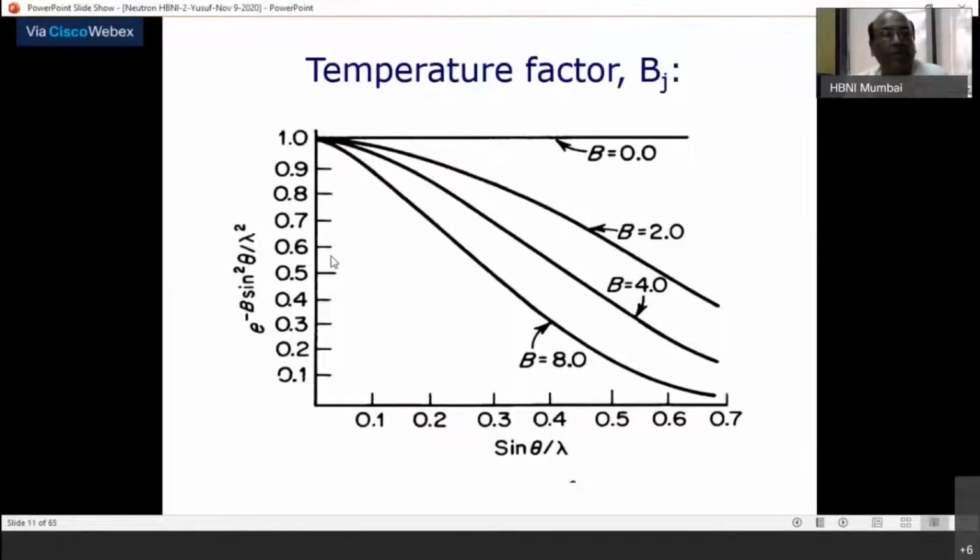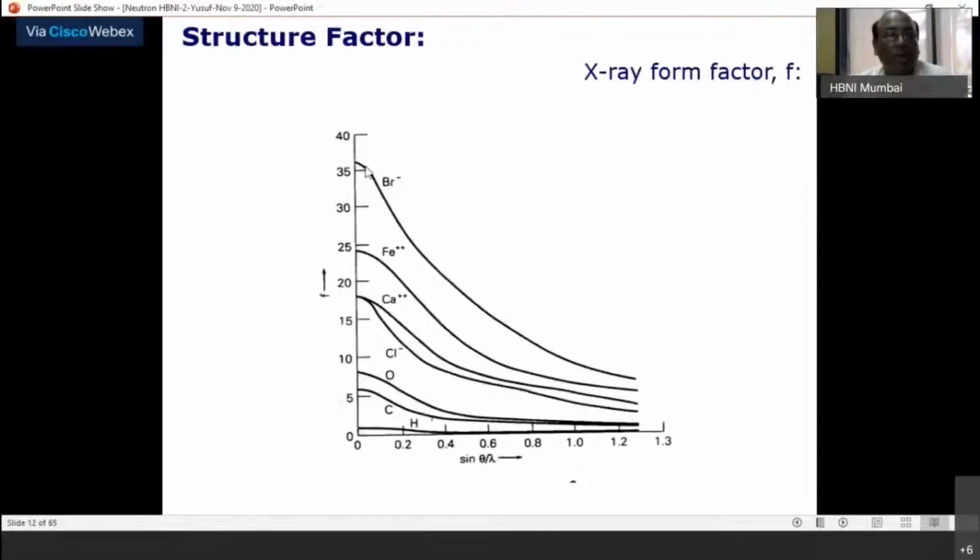So I go here. This one, as you see, let us say for X-ray case, if you take iron 2 plus and you see at this forward scattering 2 theta equal to 0, that is the maximum form factor, and then as you go higher and higher angle, this form factor decays, and this form factor is a multiplicity factor in your structure factor.